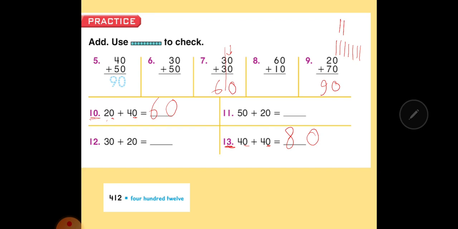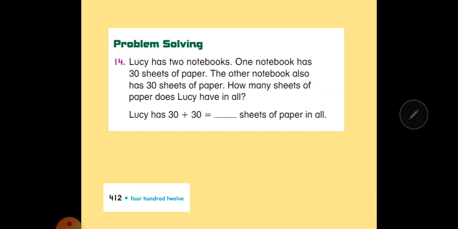Let's do the problem solving. The same page. Lucy has 2 notebooks. Notebook is like a copybook. One notebook has 30 sheets of paper, so circle the number 30. The other book also, we talk about the word also, has 30 sheets of paper.